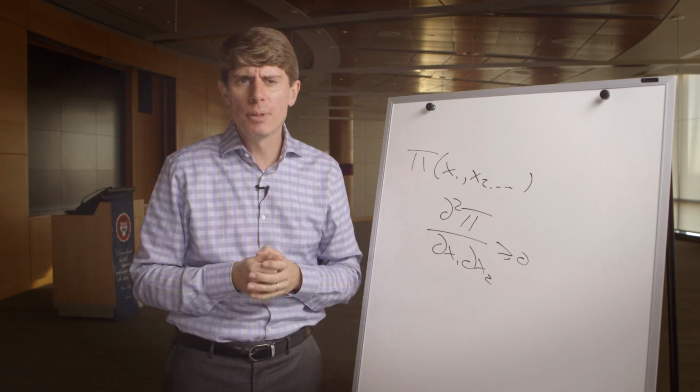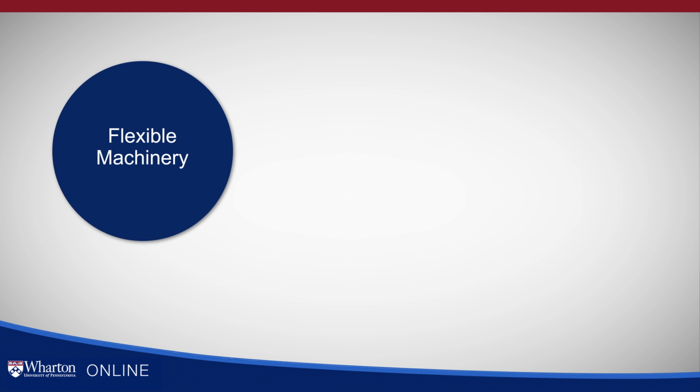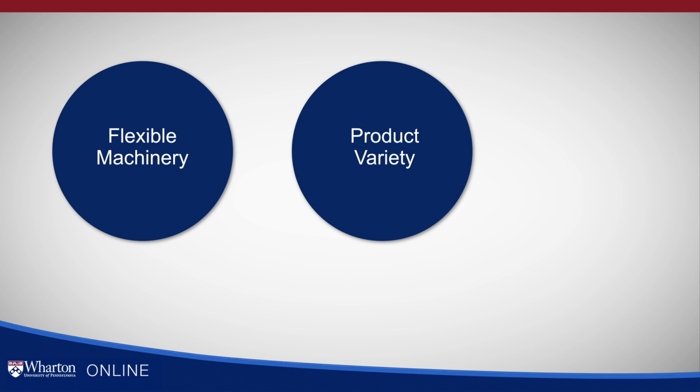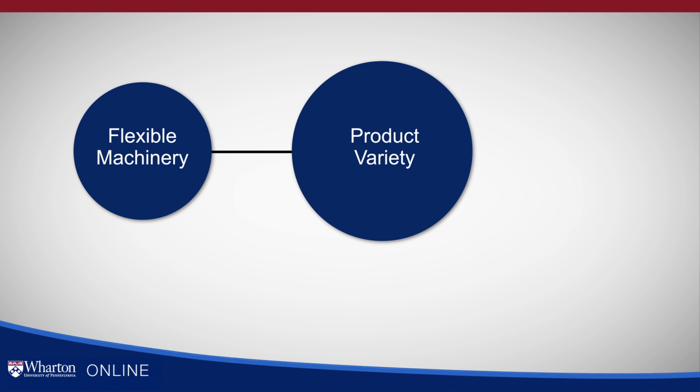So let's take an example. So let's say we're thinking about flexible machinery, right? Machinery where we can very easily go from one product to another product, and the product variety that a company offers. And my feeling is these two activity choices are complementary. So here's what we're doing. We're saying, let's take one variable, let's say the flexibility of our machinery, and let's put this at a low level. So let's say we have very inflexible machines.